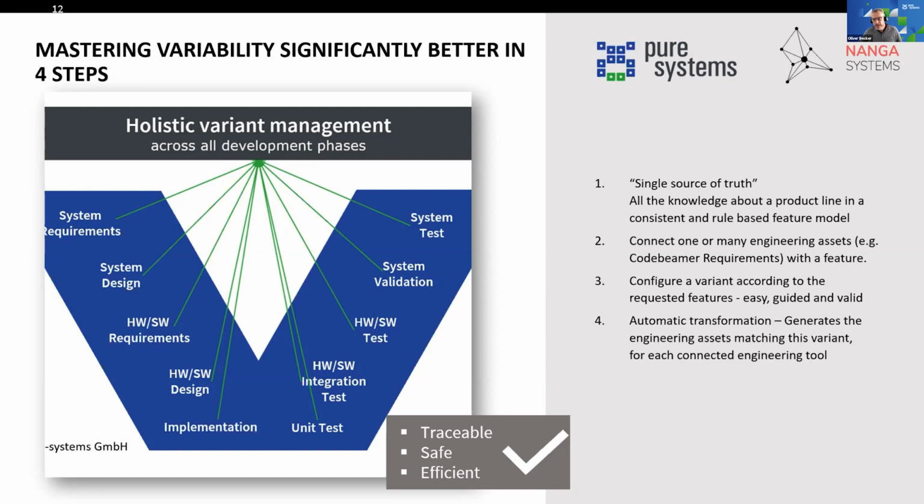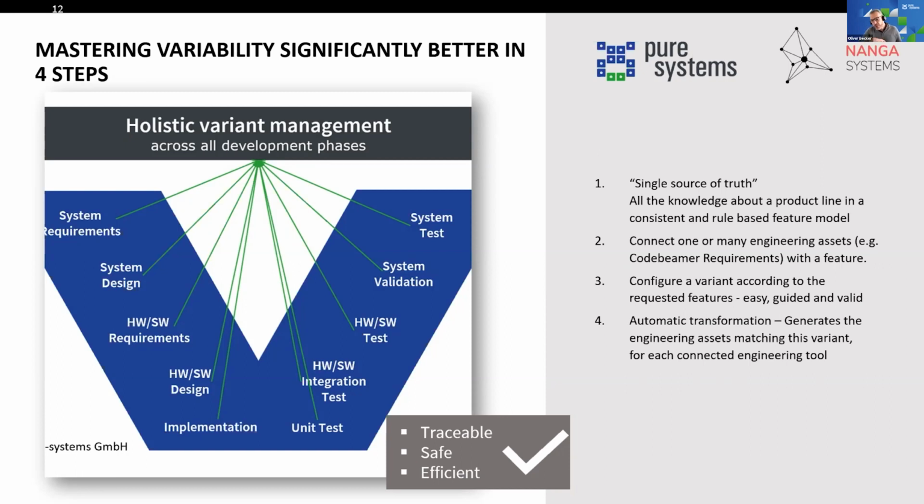So, if we have it linked with Codebeamer, we get it out of Codebeamer, but we can get it also out of other engineering tools. We will see today based on Codebeamer, but you can imagine that will work also with other engineering tools. And this is now traceable, this is safe, this is efficient.